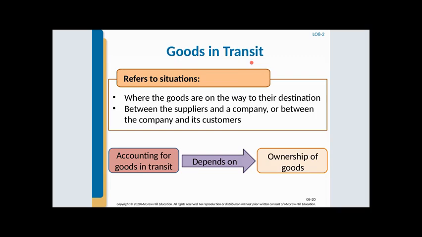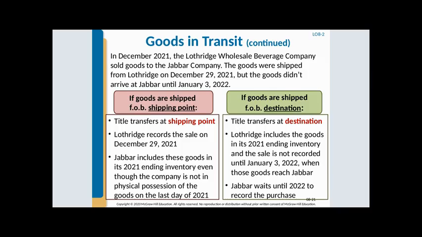So for goods in transit, there may be more varieties of this, but we have two: FOB shipping point, and then FOB destination.